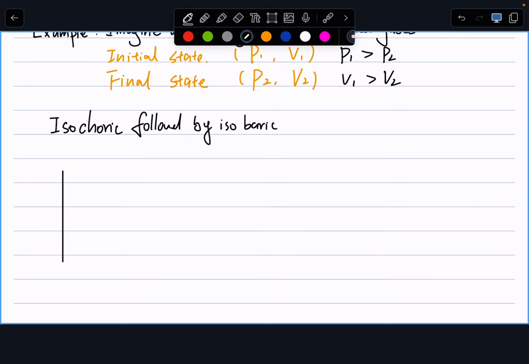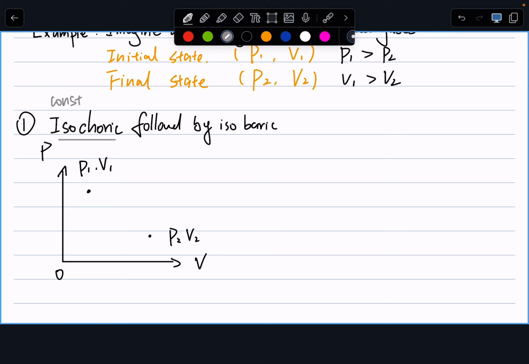So when we plot this first process, which is isochoric followed by isobaric, we start from P1, V1 and end at P2, V2. And this is our typical PV diagram. So if you think about it, we have isochoric, where we keep the volume constant while changing the pressure. So our first step is an isochoric process.